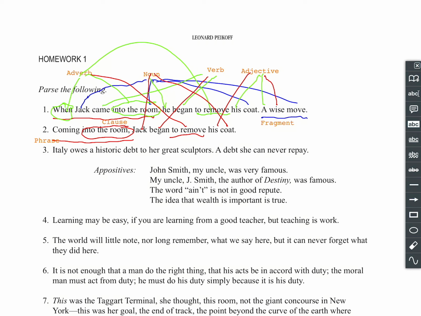Language is tricky. I can read the sentence, and I know what it means. It means that Jack was going into the room, and then he started taking off his coat. I understand it, but coming into the room tells us when he began, tells us what he was doing while he began. It tells us something Jack is doing.